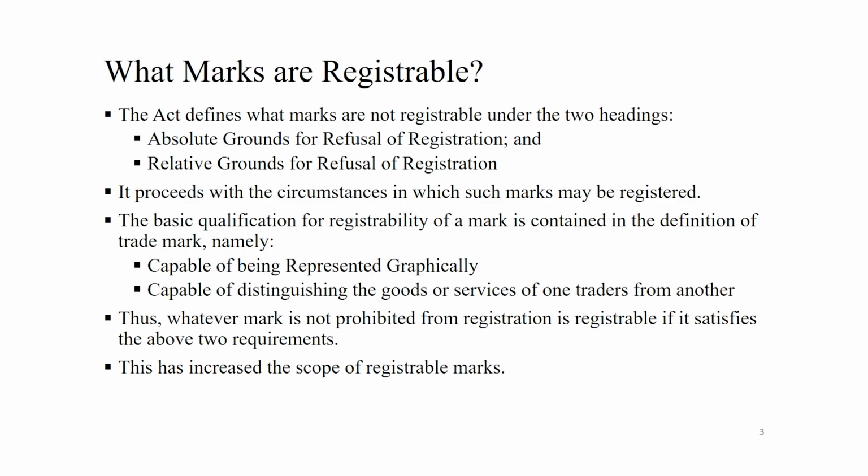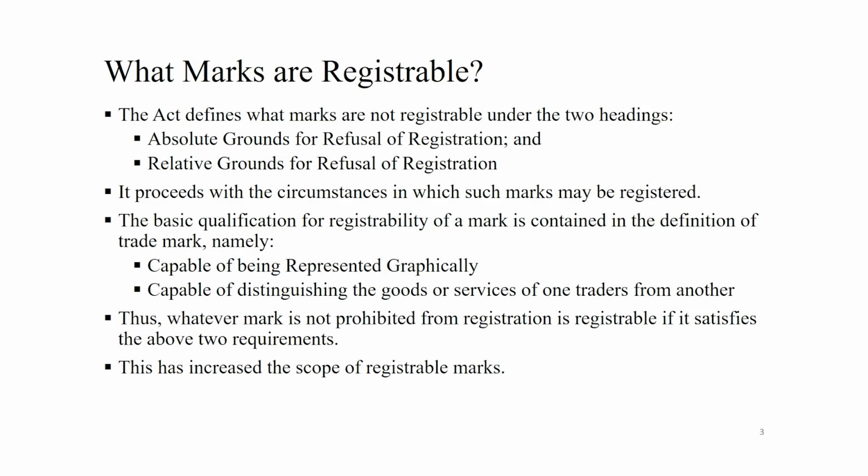The basic qualification for registrability of a mark, as I mentioned in the previous lecture, is contained in the definition of trademark itself. That is, a trademark must have the capability of being represented graphically. It must have the capability of distinguishing the goods or services of one trader from another trader.